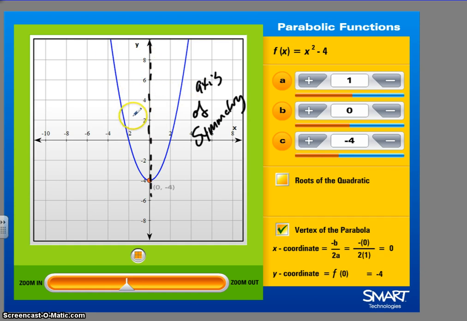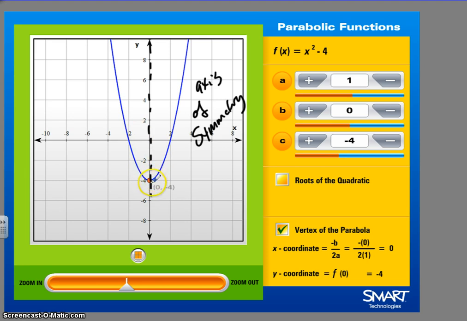Basically, this side is a mirror image of this. That's what's called the axis of symmetry. Basically, it's symmetric on both sides. Okay, so we're going to use this information here, and we're going to actually make a table for our graph. Notice another thing: when we make a table, if we find the axis of symmetry, we know that's halfway.